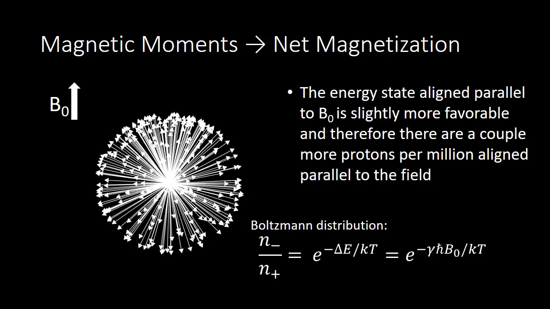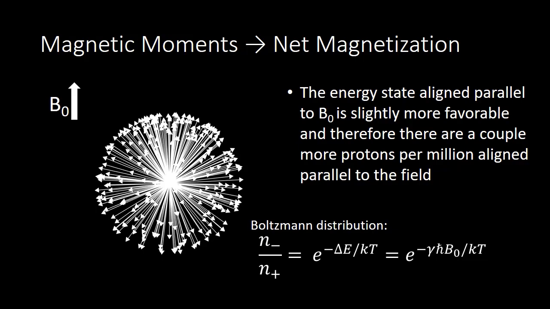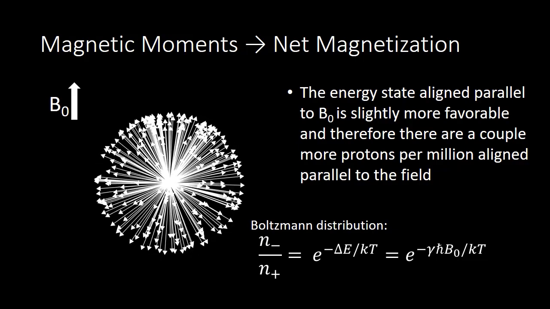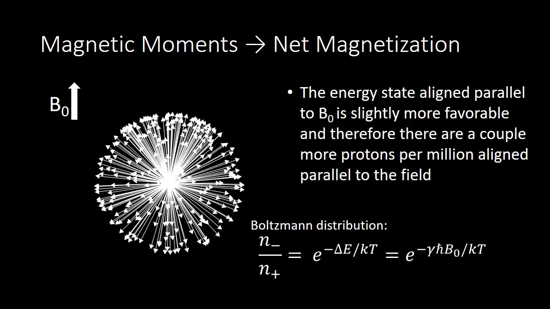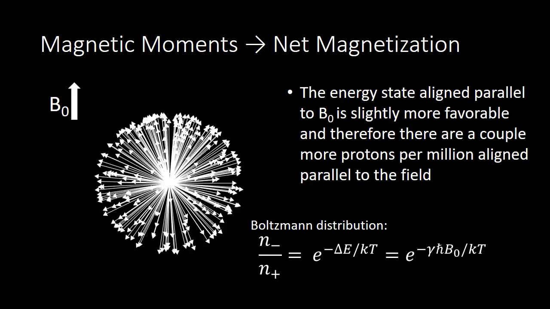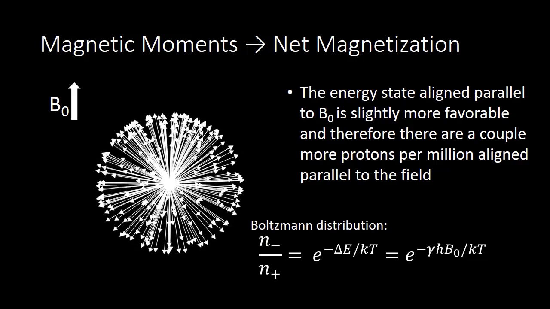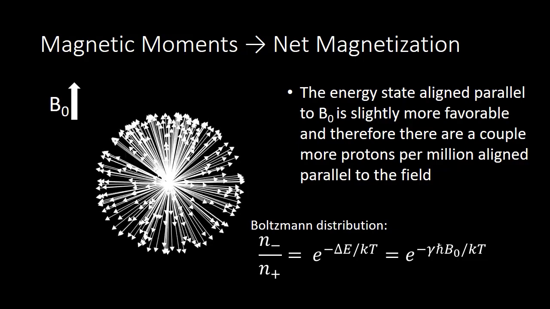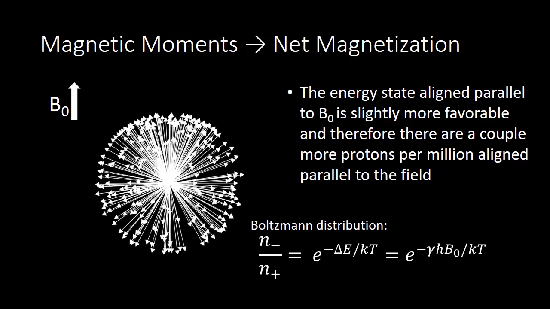Here I'm showing an example of many spins as a giant disco ball, and they're all precessing at the Larmor frequency. They're distributed along the surface of a sphere, although they're oriented either parallel or anti-parallel to the main magnetic field. A few more protons per million are aligned parallel to the magnetic field compared to anti-parallel, and this excess is given by the Boltzmann distribution.